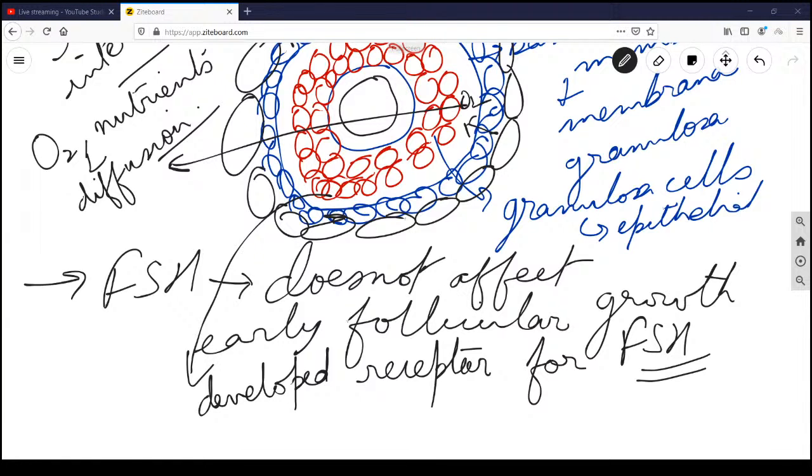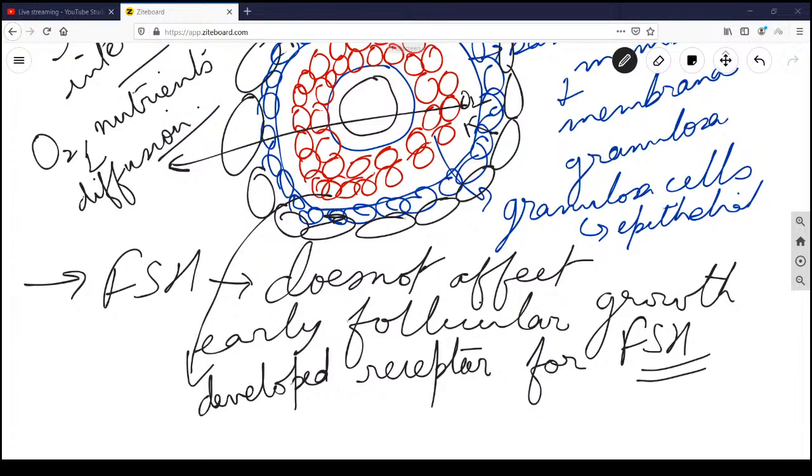Now FSH can act on the granulosa cells. The most obvious indication will be that some of the follicles will show the formation of an antrum. Antrum is nothing but a cavity filled with fluid, and that fluid is known as liquor folliculi.